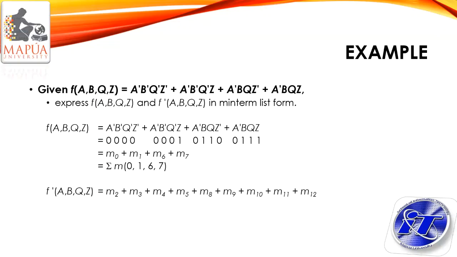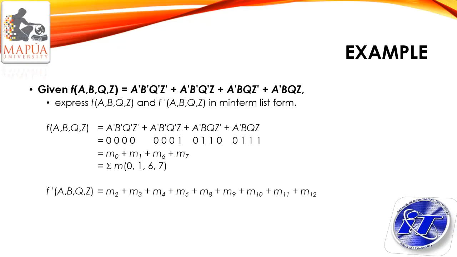Don't forget, in the original function, these are the values that give us 1: 0, 1, 6, 7. Therefore, anything not part of this list has an output of 0. So when we get the complement, these values will give us 0 in the complement of the function.